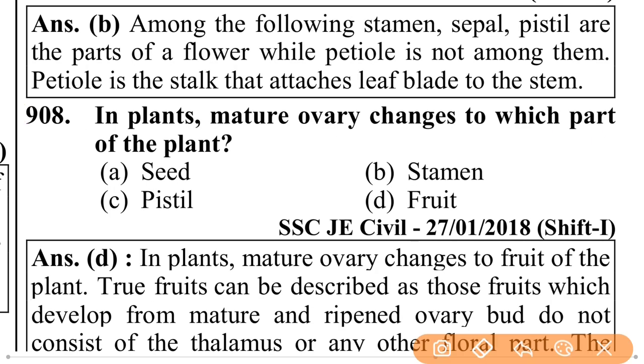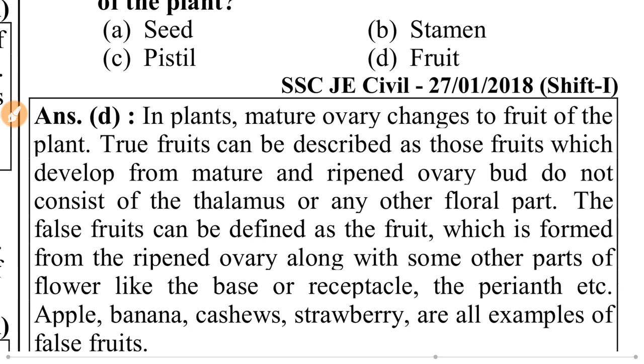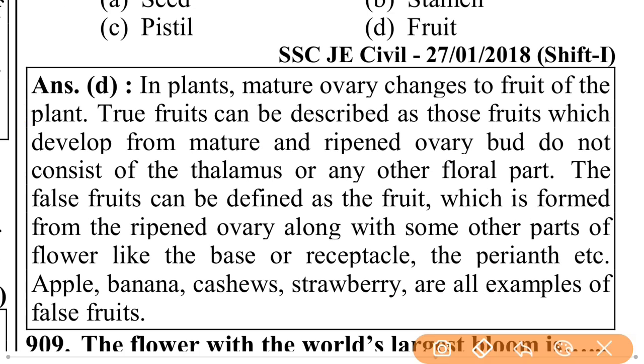In plant, mature ovary changes to which part of the plant? That is fruit. In plant, mature ovary changes to fruit of the plant. True fruits can be described as those fruit which develop from mature and ripened ovary but do not consist of the thalamus or any other floral part.